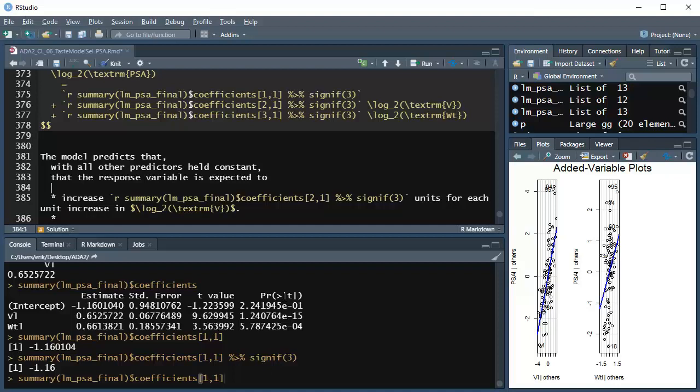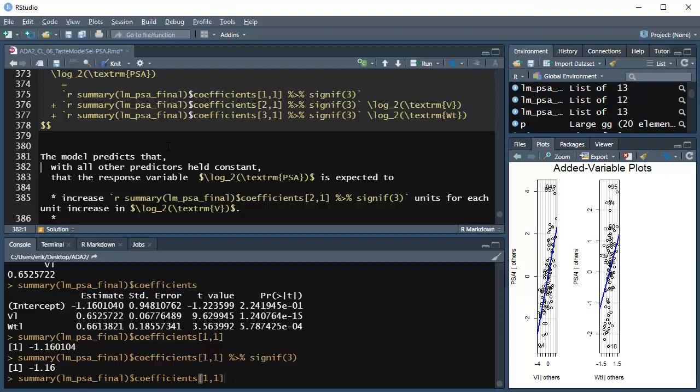Okay, so the response variable, I should probably specify what that is. Log 2 of the PSA. Wrap that in dollar signs since it's an equation. Okay, I realize I'm moving a little fast. Let me slow down just a little bit.